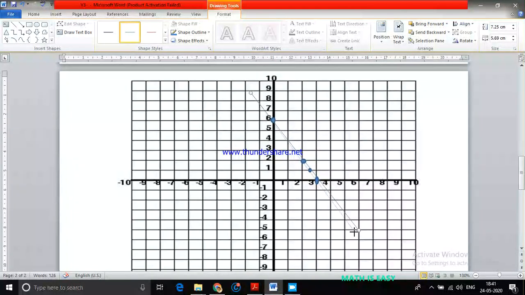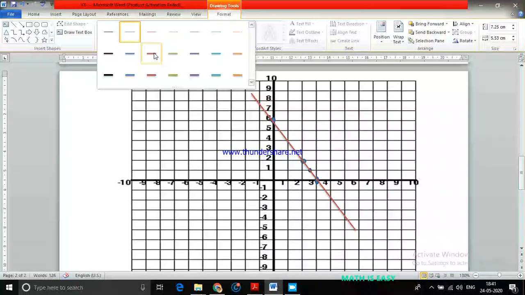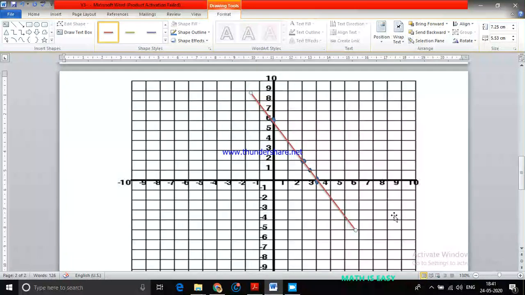It has to be perfect. If you want, let me highlight it. So this is the line which is represented by equation 1. I think in class 9th you already studied how to represent the linear equation in 2 variables on the graph. The same process I am doing here.